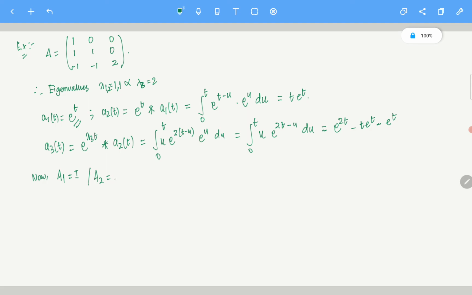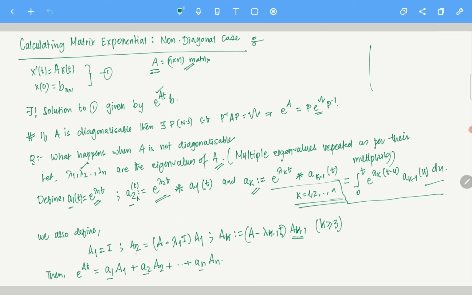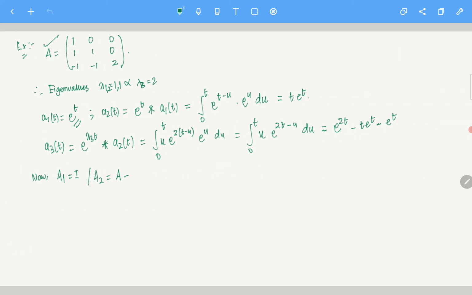A2, if you want to calculate A2, what is it? It is our capital A minus lambda 1. See, what is capital A2? Capital A2 is (A minus lambda 1 I) times A1. Lambda 1 is 1 here. So 1 times identity times A1.